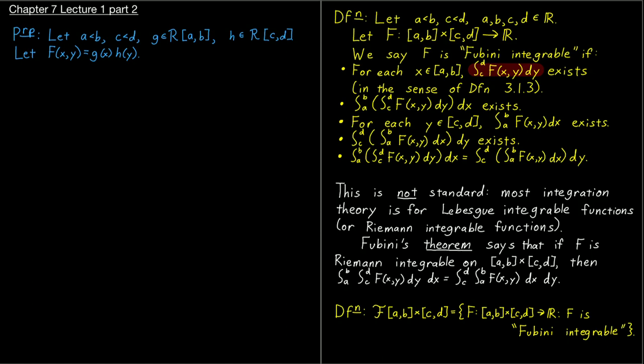So their product is a real number. So our product f is now a function from our rectangle AB cross CD to the real numbers. So it could conceivably be Fubini integrable, and the conclusion of this proposition is that f is indeed Fubini integrable on this rectangle.